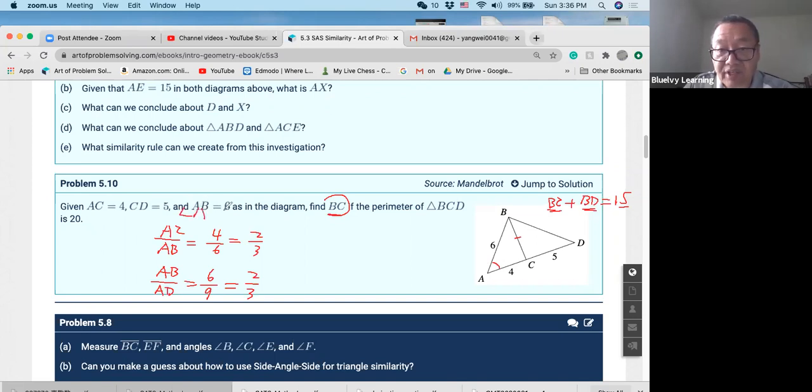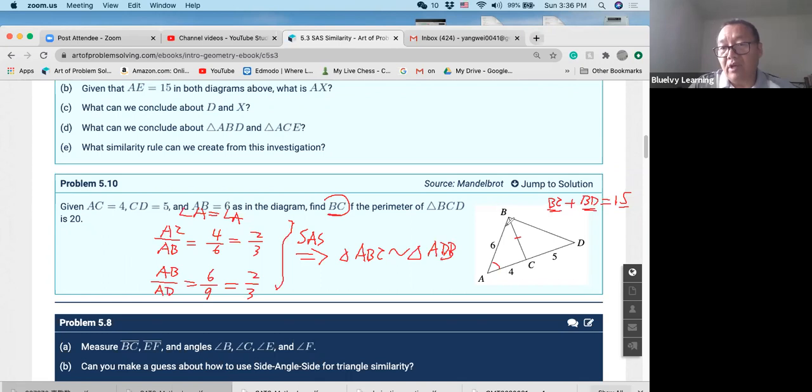Angle A equals angle A. AB over AD equals 6 over 9 equals 2 over 3. Then AC over AB also equals 2 over 3. So we combine these three conditions and use SAS, we can get triangle ABC similar with triangle ADB.